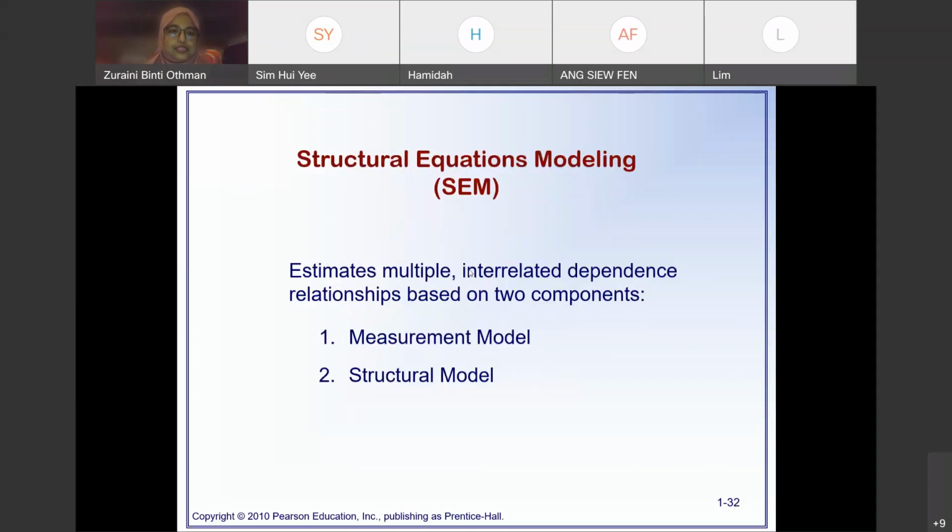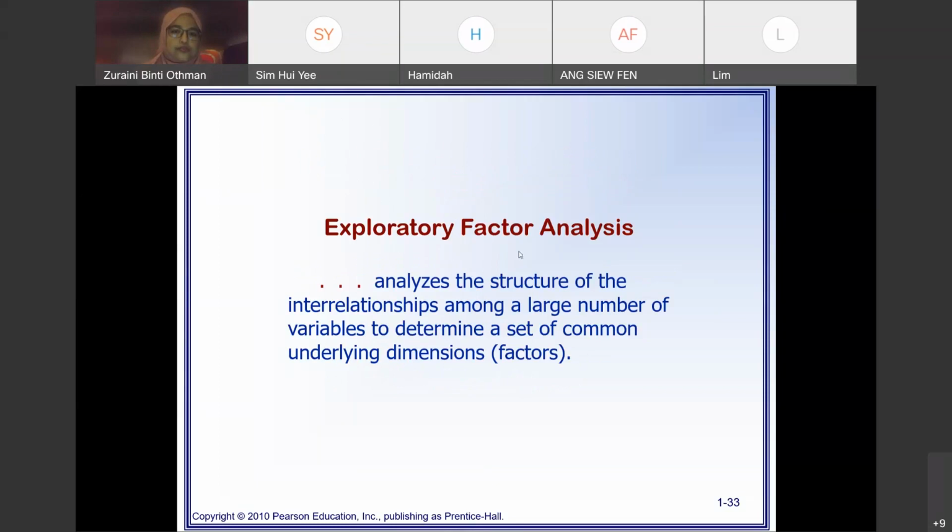Okay. Then this is exploratory factor analysis. Maybe Dr. Fauzia or Dr. Azra will cover this. It analyzes the structure of the interrelationships among a large number of variables to determine a set of common underlying dimensions.